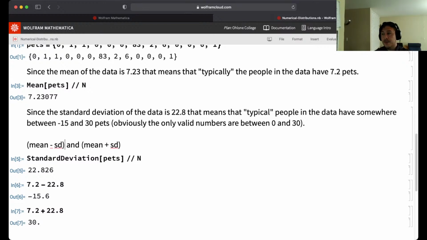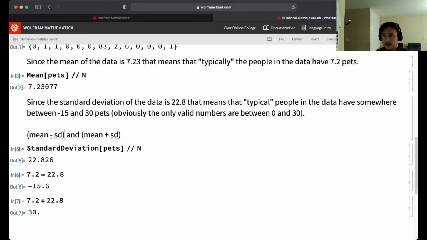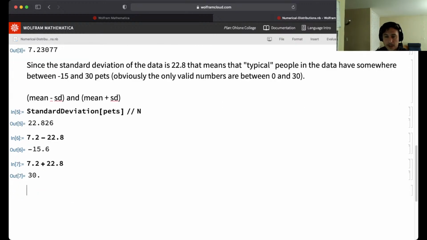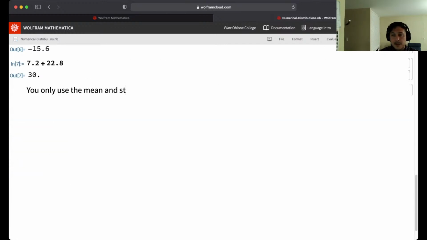Okay, now this is an important thing to know. You only use the mean and standard deviation if the shape of the distribution is symmetric.